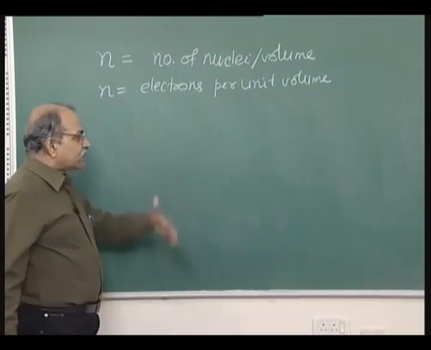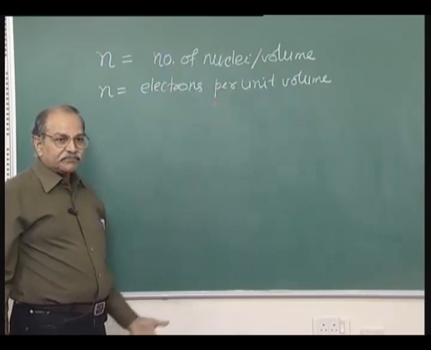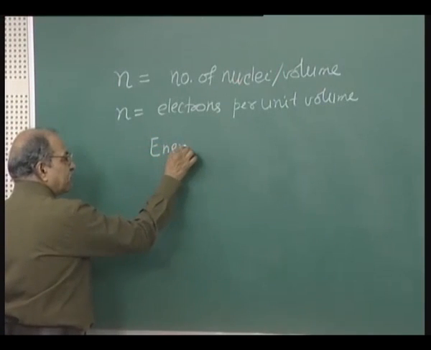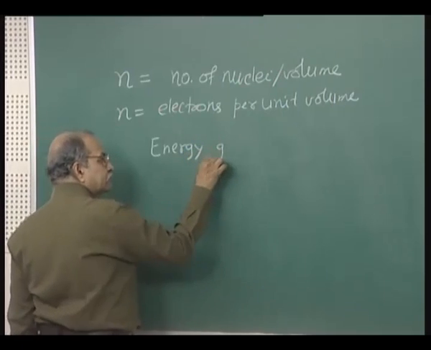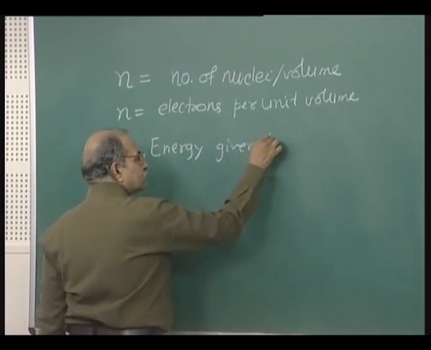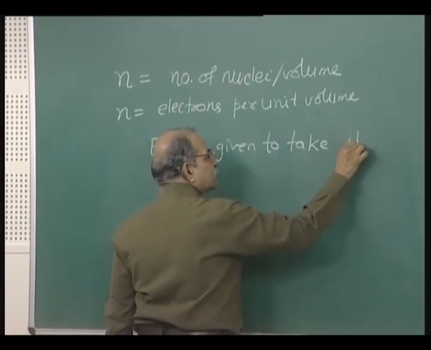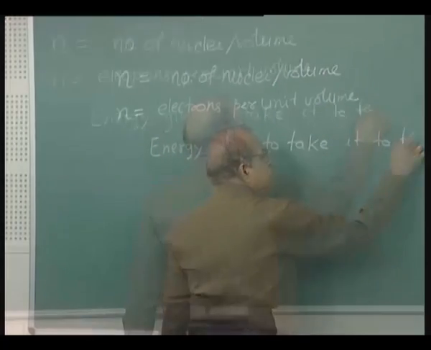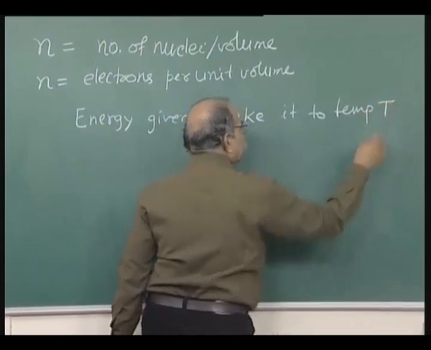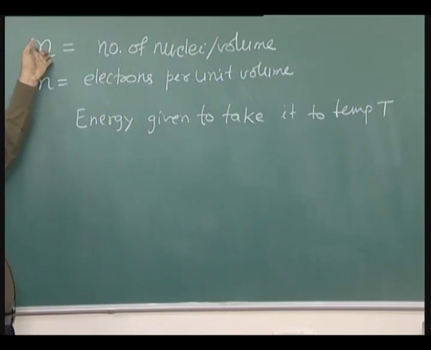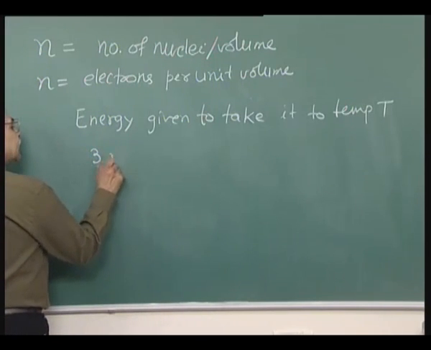And if the temperature rise is capital T, then the energy which is given to take it to temperature T will be 3/2 nkT for the nuclei, 3/2 nkT for the electrons. So, that will be 3 nkT.